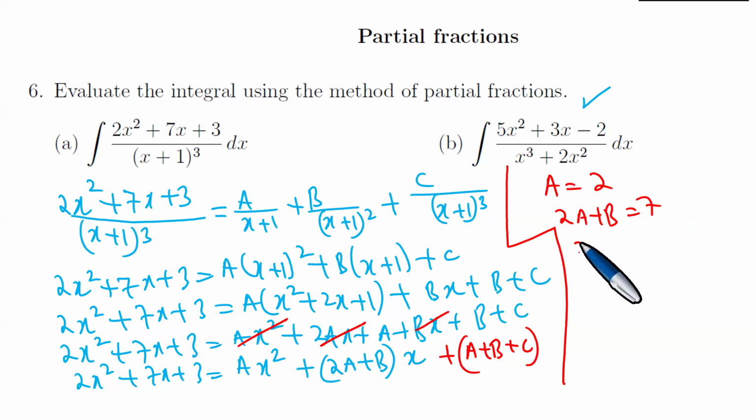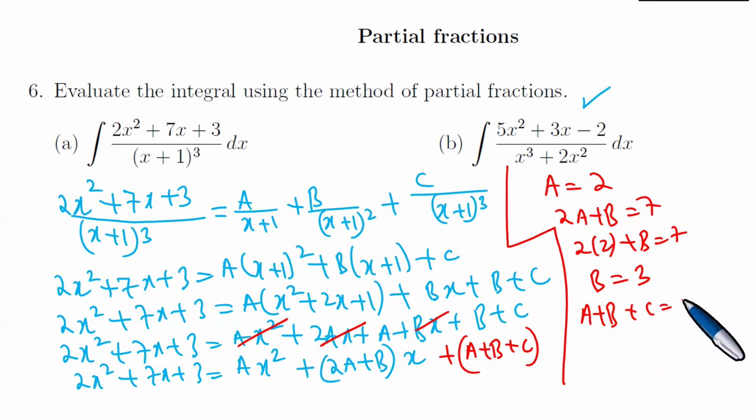But if A is 2, then it becomes 2 times 2 plus B equals 7, and then B equals 3. So that now you have A is 2, B is 3, C is minus 2.